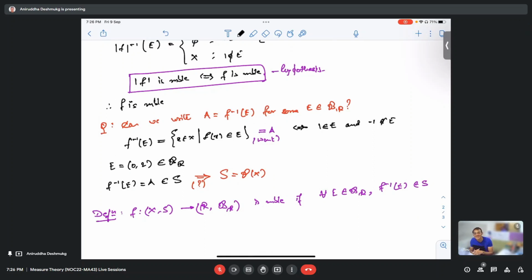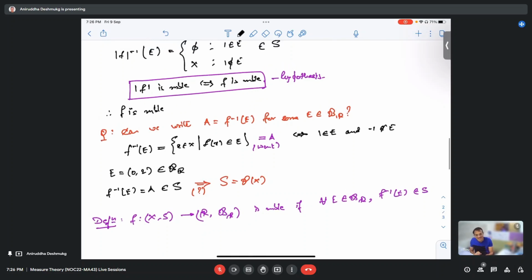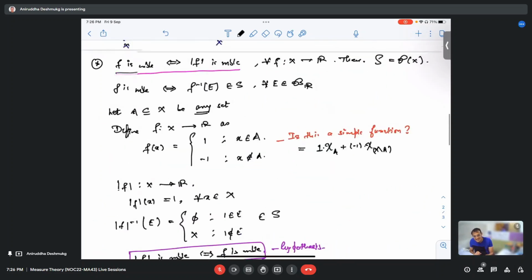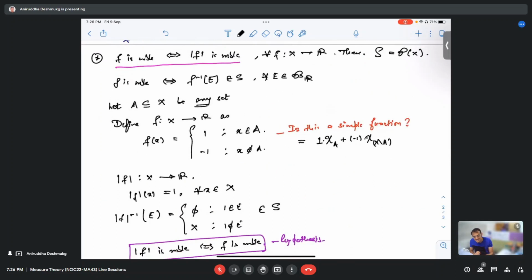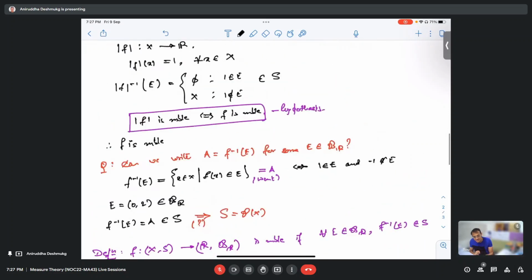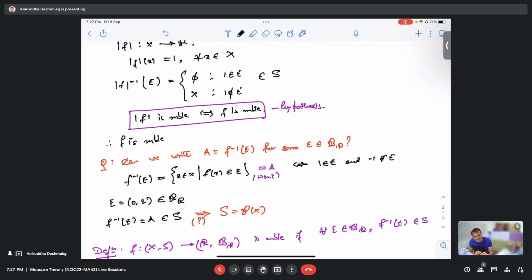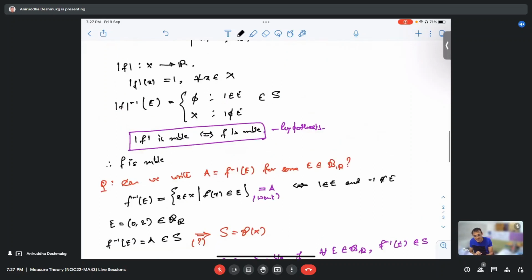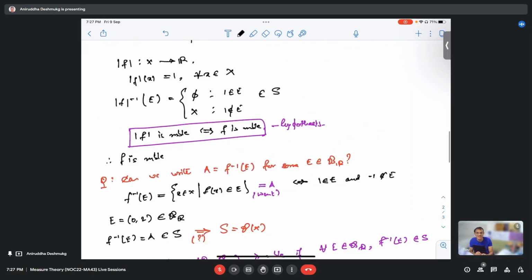Yes, sir. We have taken an arbitrary subset of X and proved that it belongs to S. Does that clear your doubt? Yes, sir. But do you understand the technique? How did this come inside S? That is more important.